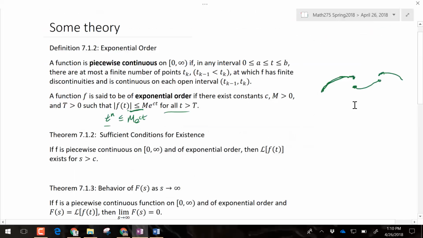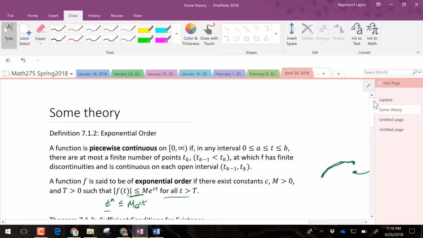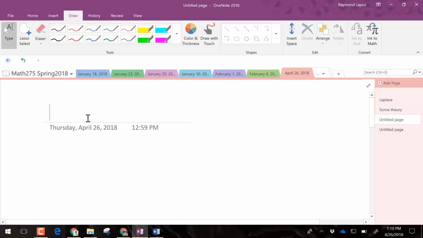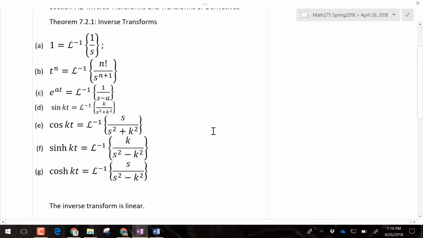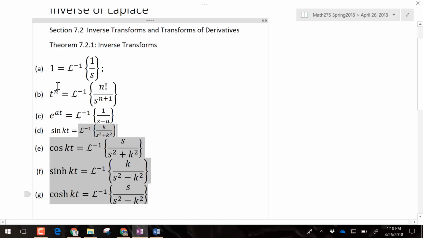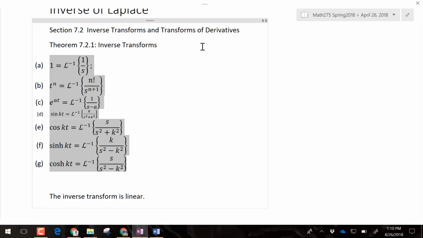So remember that picture that I showed you guys, that going to the Laplace world and doing our work using algebra in the Laplace world. At some point, we need to find our way back to the real world.